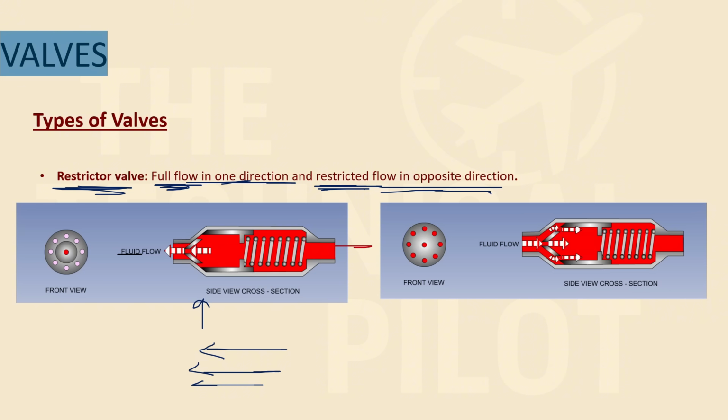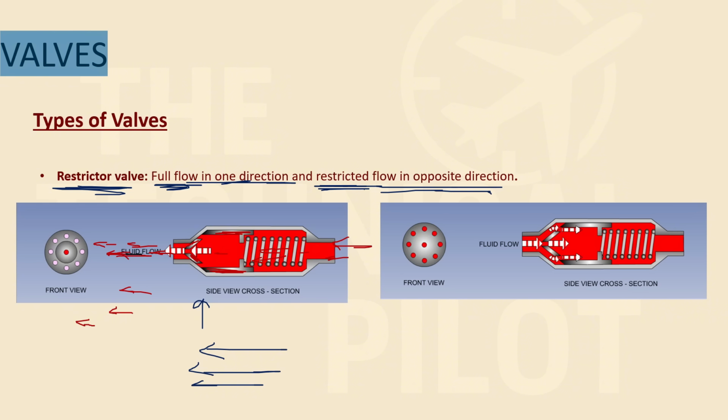The fluid is coming from here, and the spring is moving in this direction, and it will move this particular attachment, which is all attached with the spring. It will move this whole attachment to the left hand side, creating a small hole from where the fluid is escaping. So it won't stop the flow, but on the left hand side it will go restricted, like there will be less flow on the left hand side.